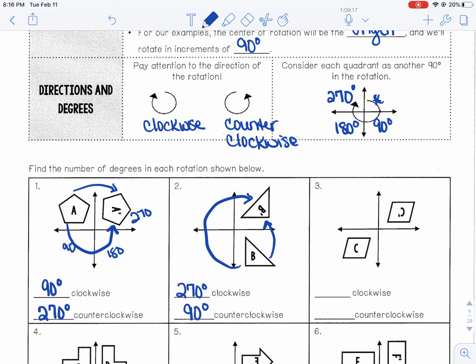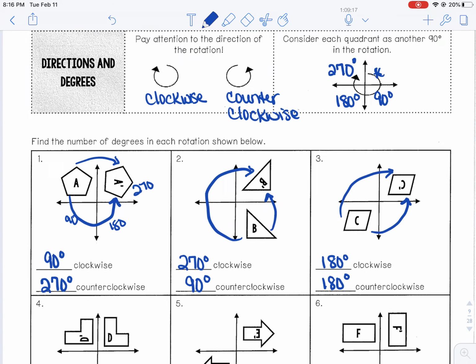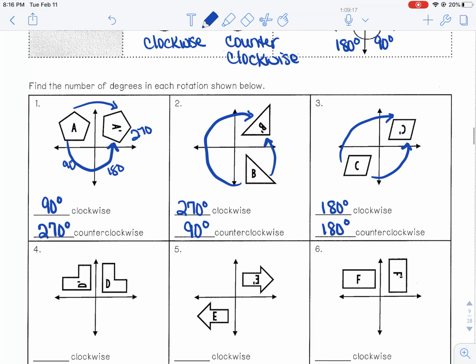Getting the hang of it? If I go look at C and I go clockwise, that is 2/4 turns, so that's 180 degrees. If I go the opposite direction counterclockwise, guess what? That is also 180 degrees. So it doesn't matter if we go clockwise or counterclockwise at 180 degrees. We're going to land on the same spot.